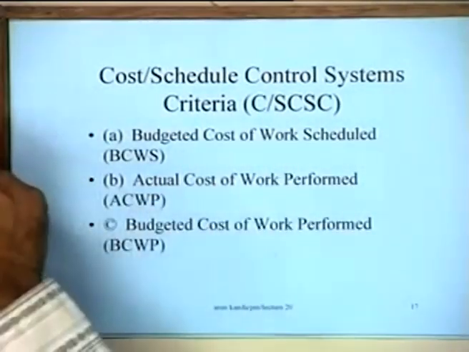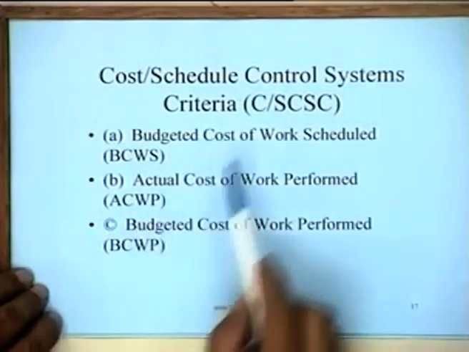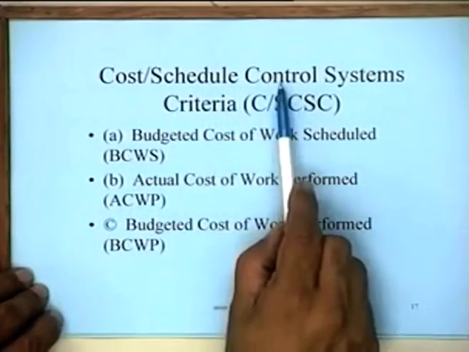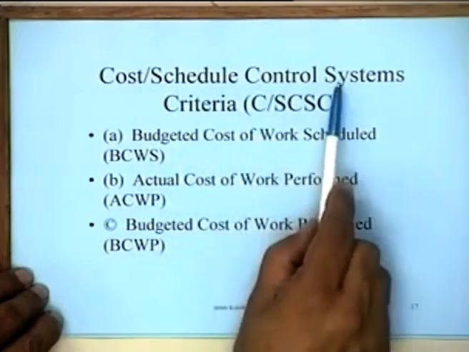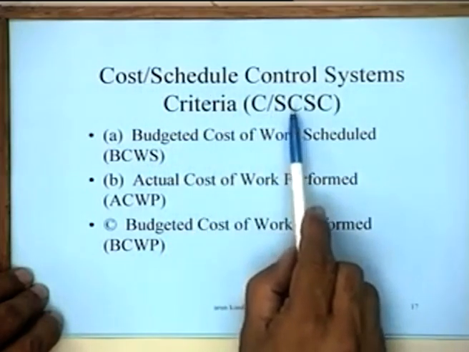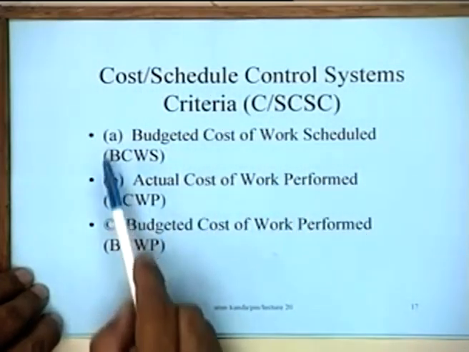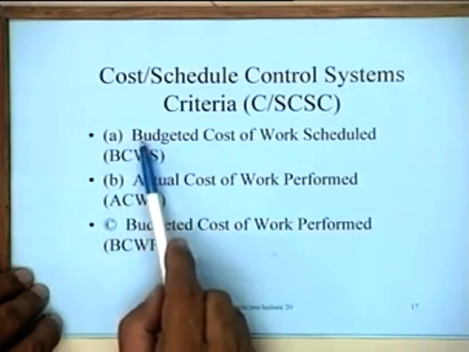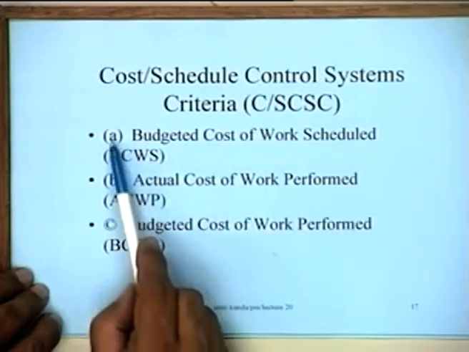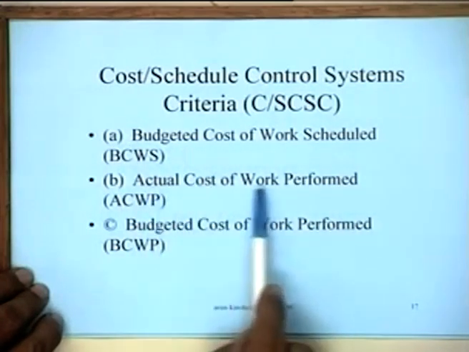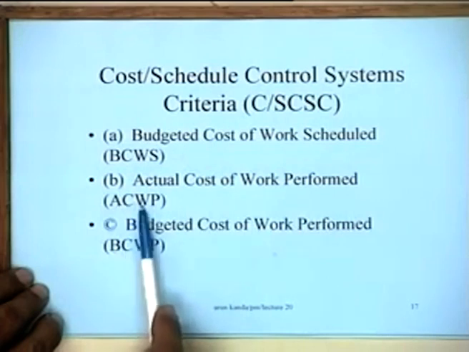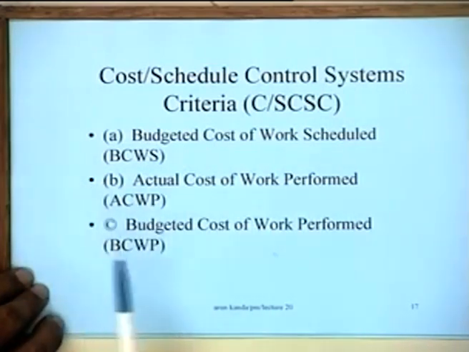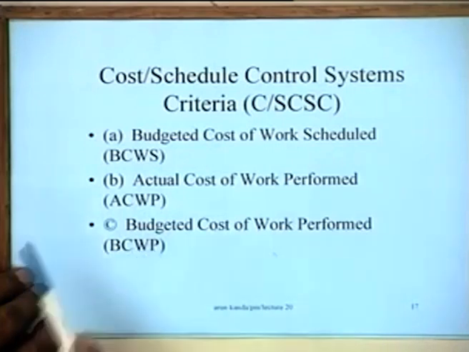Now there are some cost schedule control systems criteria applied to the three curves that we called A, B and C. They give these names: budgeted cost of work scheduled, which is A; actual cost of work performed, which is B; and the budgeted cost of work performed is BCWP.